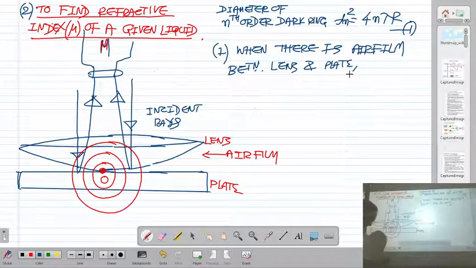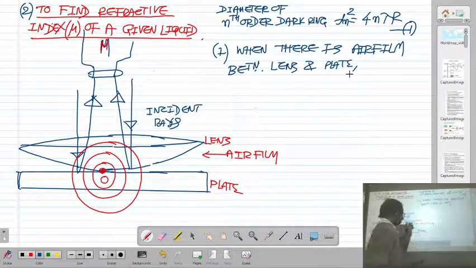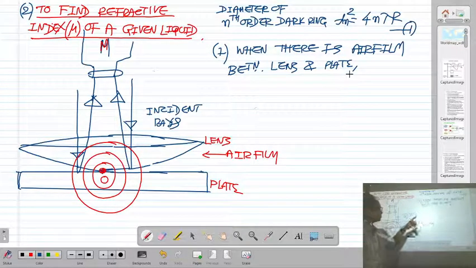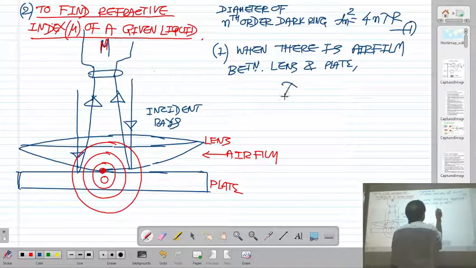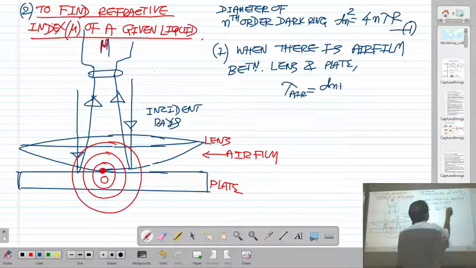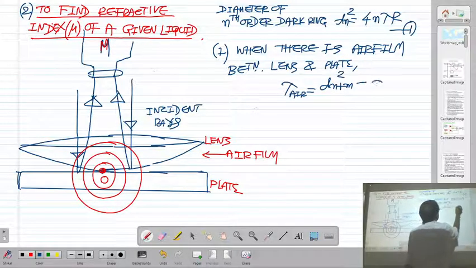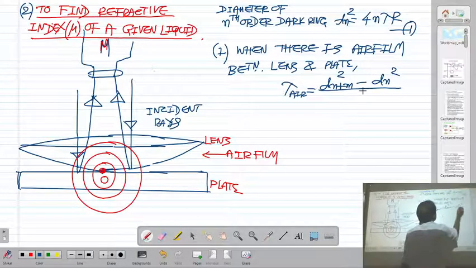When there is an air film between lens and plate, the wavelength of light is given by (Dn+m square minus Dn square) upon 4mR, right?